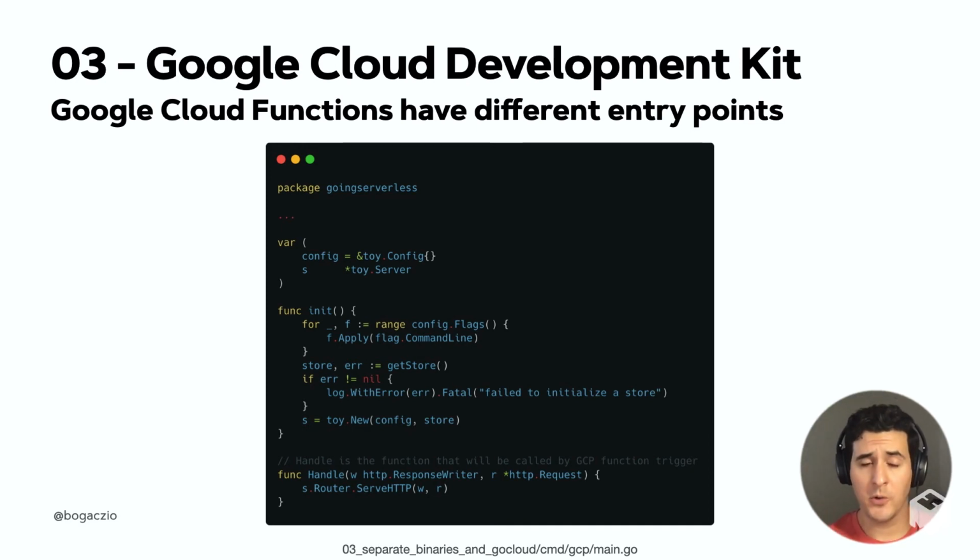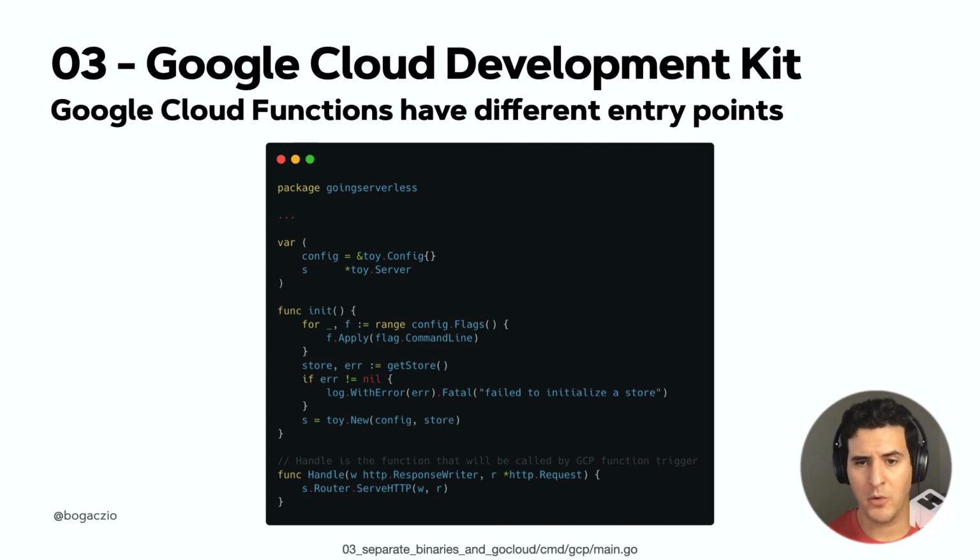But for Google Cloud Functions, the way they host it is they run their own main, then call out to some package that you define and some handler that you define. Because of that, our entry point code has to look a little different. It's no longer in package main.